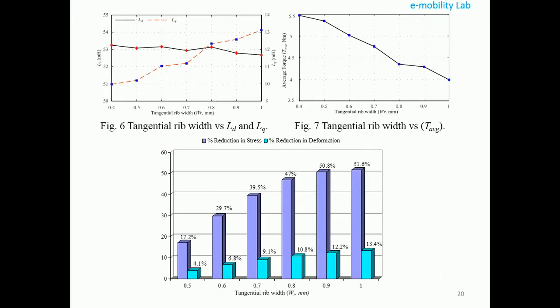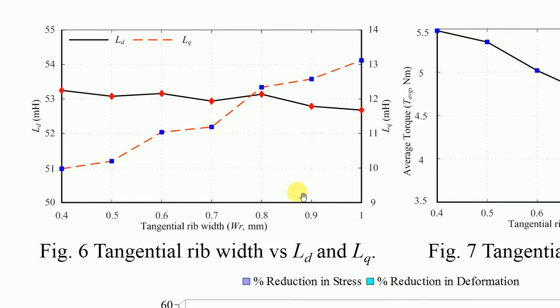I have explained what is happening when you are increasing the rib width. Your d axis flux linkage is almost constant. It is independent of the tangential rib width. However, when we are increasing the rib width, the q axis flux linkage is going to increase, which should be avoided, but we cannot avoid it from the structural point of view. We should have a rib width to hold this iron structure.